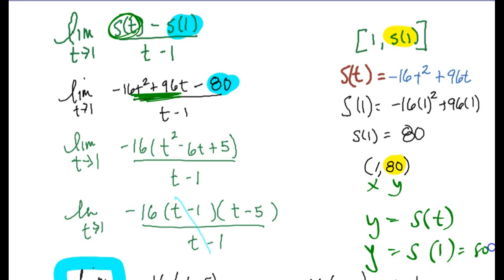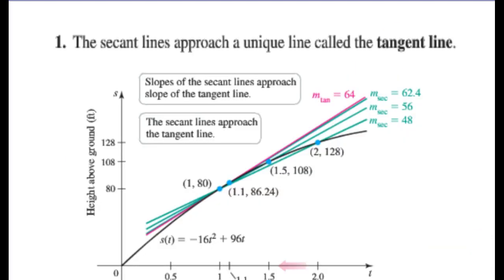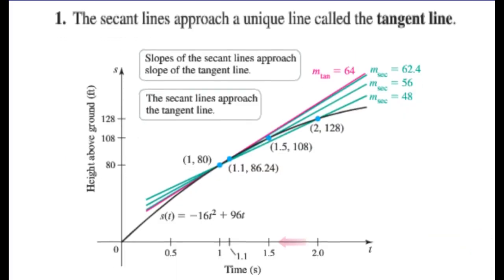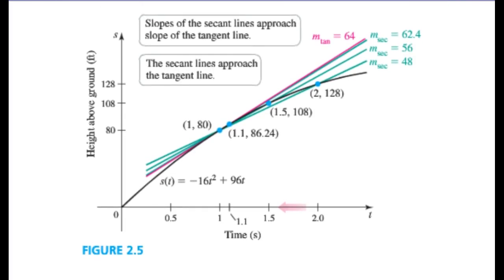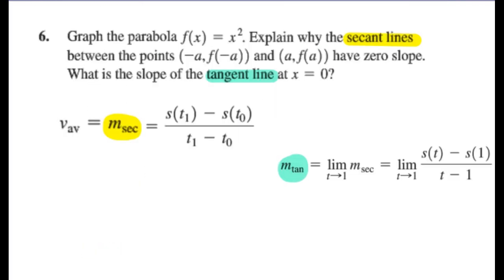So that y value should be 80. Again, check that out. So if I push the secant line to the limit, I'll get the tangent line, which is instantaneous velocity. Average velocity is the secant line. Instantaneous is the tangent line.